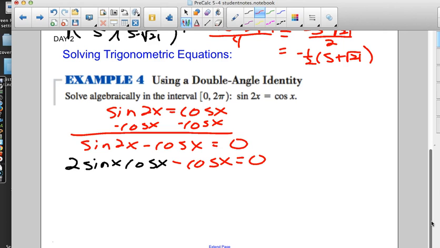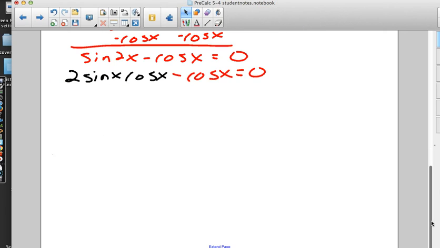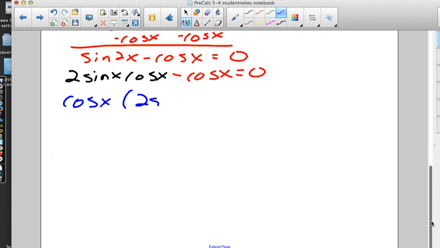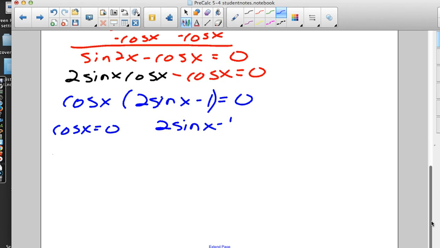All right, let's pull the cosine x out of there. Well, that looks like problems we've done in the past, because the zero product property says either this is going to be 0 or this is going to be 0. And you can solve those and find them, because this was just from 0 to 2 pi.